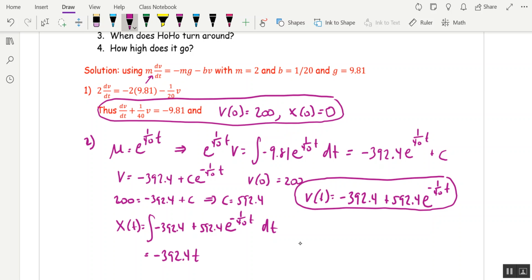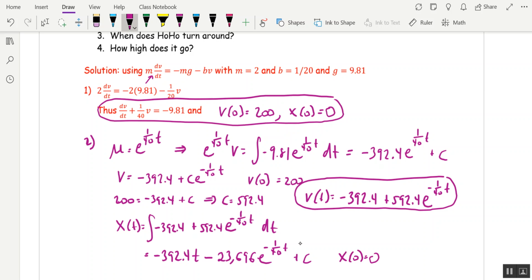And then it's going to be minus, I'm going to multiply 592.4 by negative 40, and that gives me 23,696. Again, I didn't round. There were just no decimals here. So e to the negative 1 over 40 t plus c. Okay, and now we're going to use x of 0 is 0.